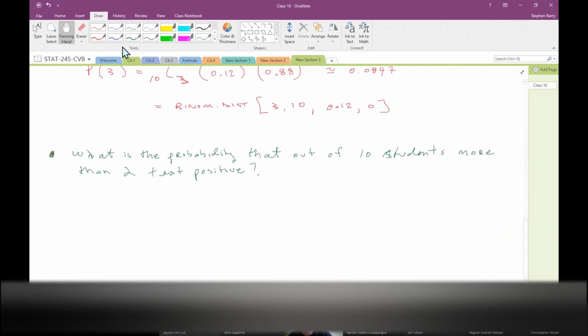So how would I solve this? You would write down a formula that makes sense, right? So use the notation. So more than 2 means x is greater than 2.